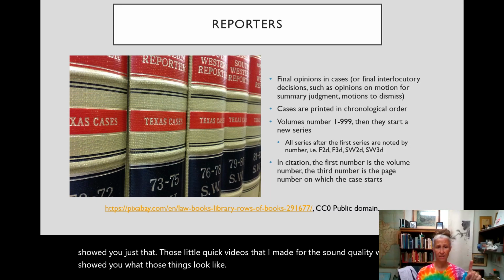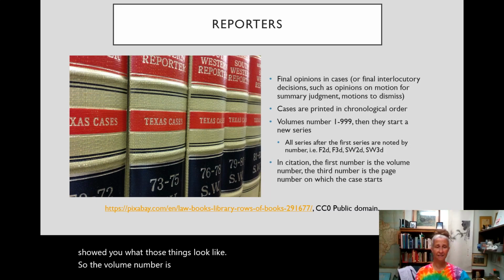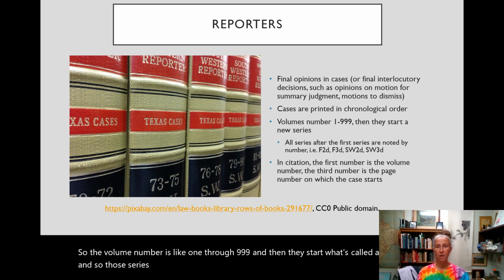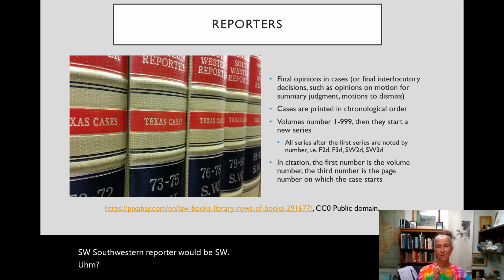So the volume number is like 1 through 999, and then they start what's called a new series. And so those series are noted by numbers, and then they're abbreviated in a certain way. So Southwestern Reporter would be SW, and then the second series would be SW2d.